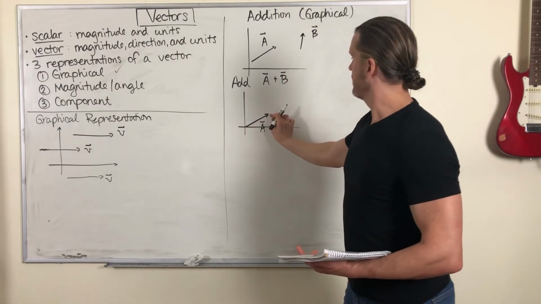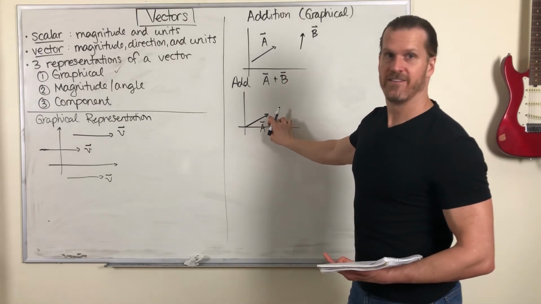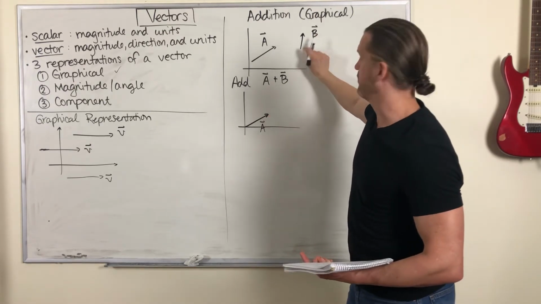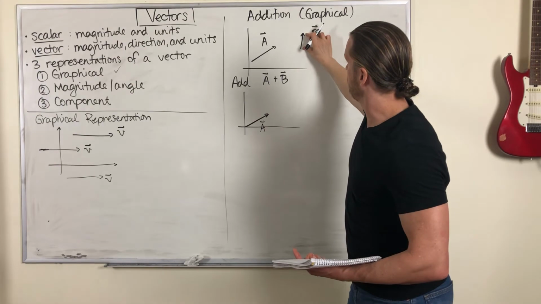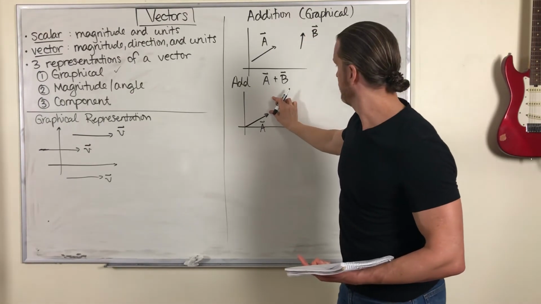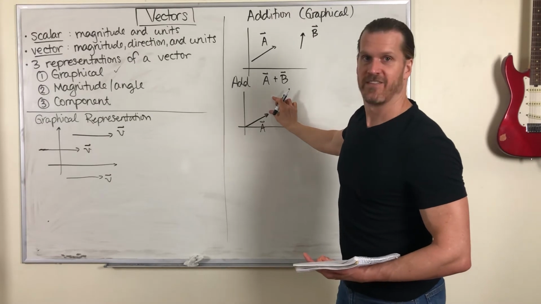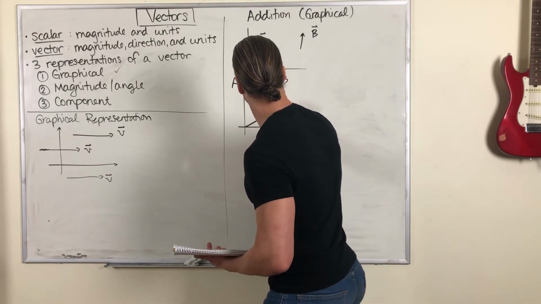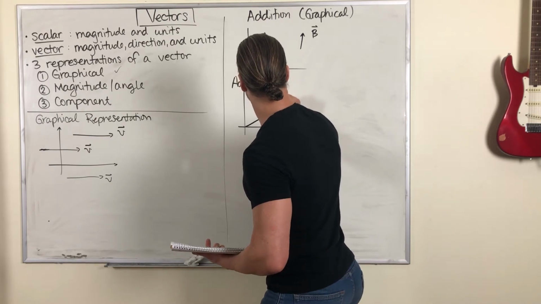And now, at the end of vector A, I'm going to place the beginning of vector B. So let's take vector B and move it, because we can move these however we like. We'll move it to the end of vector A, keeping that same length and direction.